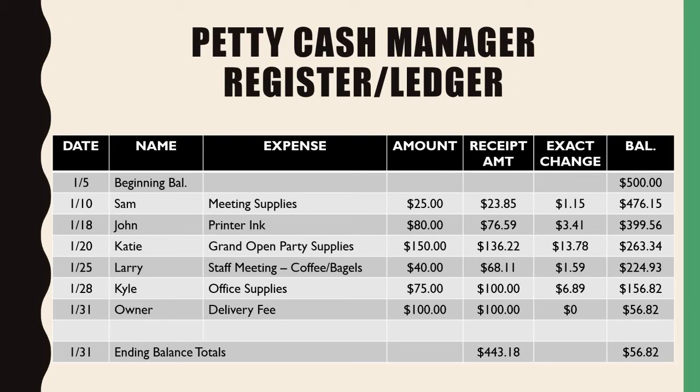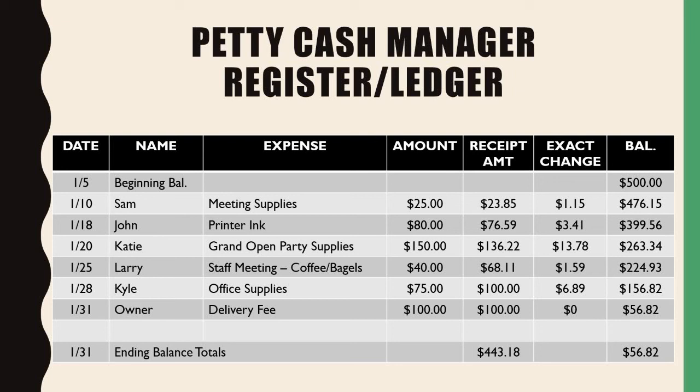In this case, you're right. This one is considered the voucher, because they're receiving vouchers to borrow money from the company, and their job is to come back, return the voucher with the receipt and the exact change, and you update the register or their ledger. Okay? Okay, got it. Thanks.